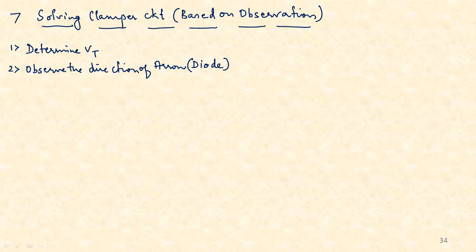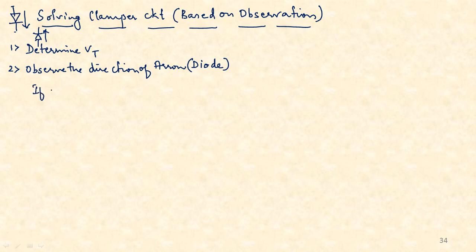Say for example, if I draw the diode like this, it appears as if it is pointing downwards, right? And if I draw the diode like this, it appears as if it is pointing upwards. So we'll just follow these notations. In that sense, just observe the direction of the arrow.